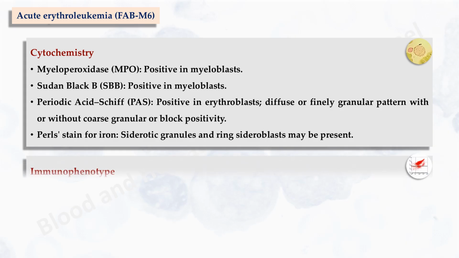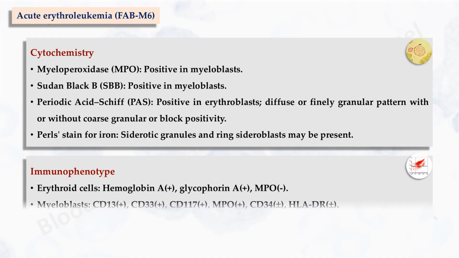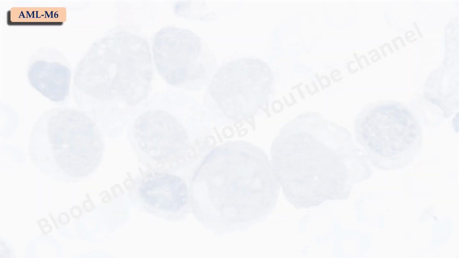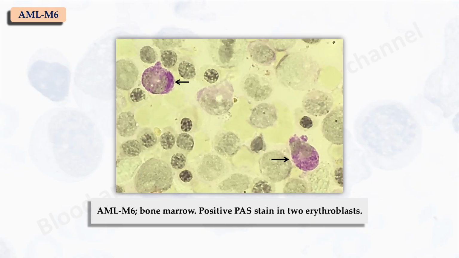Erythroid cells express hemoglobin and glycophorin A antigens. They are negative for myeloperoxidase. Positive periodic acid Schiff stain in 2 erythroblasts.